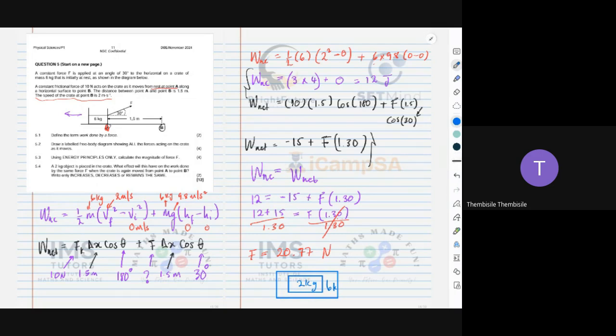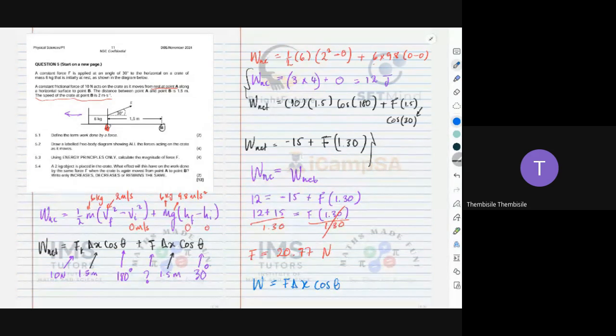Okay. So if you look at the formula for work done, let's remove this. The formula says work equals F x cos theta. So even if they put more weight or decrease the weight, it doesn't affect our formula, because we're not using any weight or mass in this formula.